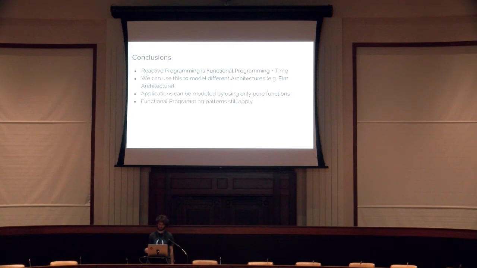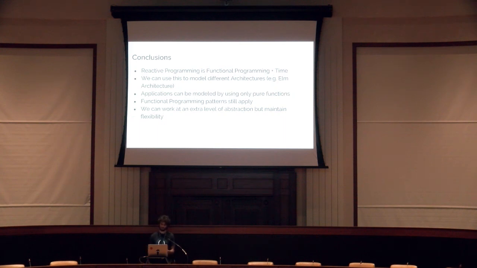And functional programming patterns still apply, right? Observables and streams are functors, they are applicatives, they are even monads, even though it's not really useful that they're monads, but they are, and we can use cats and all of these cool things as we like. The cool thing about the whole thing is we get an extra level of abstraction, but we can still maintain flexibility.